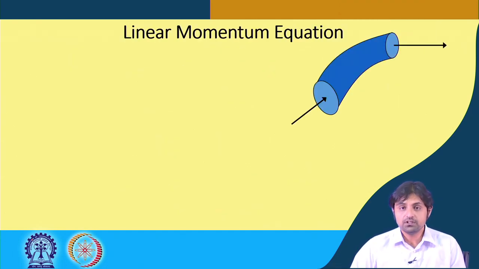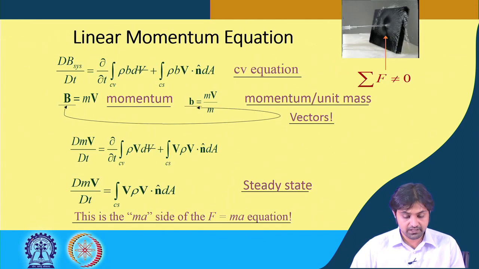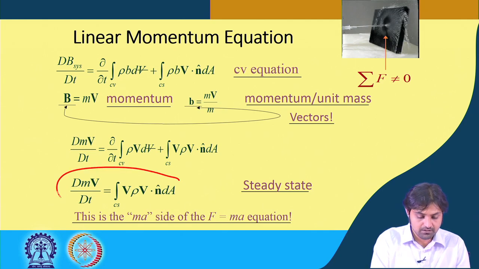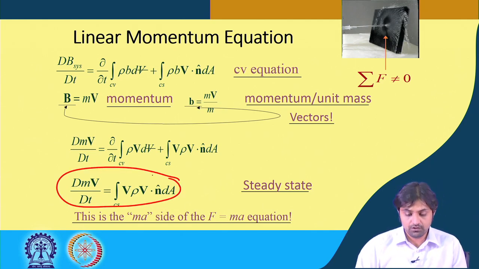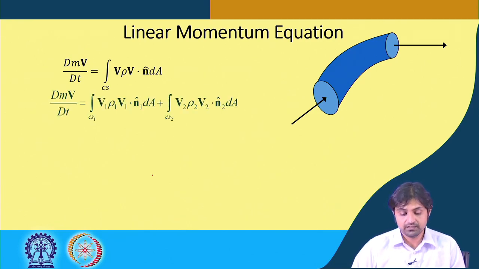Similar to the mass, we assume cross sections here, and we use the steady state equation that we obtained on the previous slide: d(mV)/dt equals the integral of rho V (V dot n) dA.